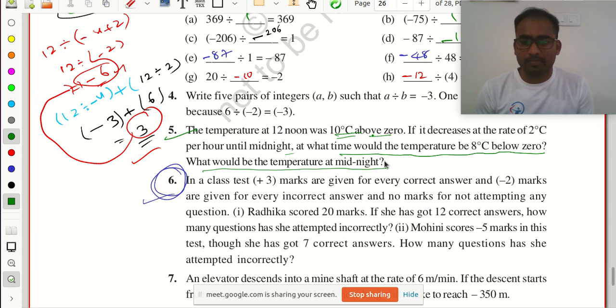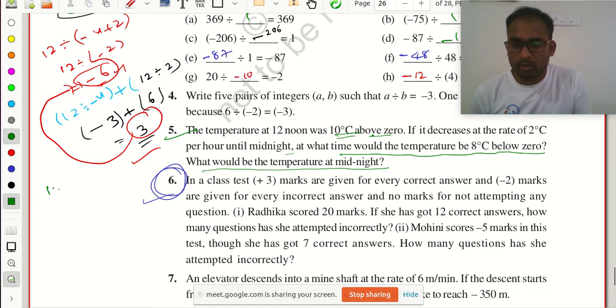See here. The temperature at 12 noon was 10 degrees centigrade above 0, and it decreases at a rate of 2 degrees centigrade per hour until midnight.